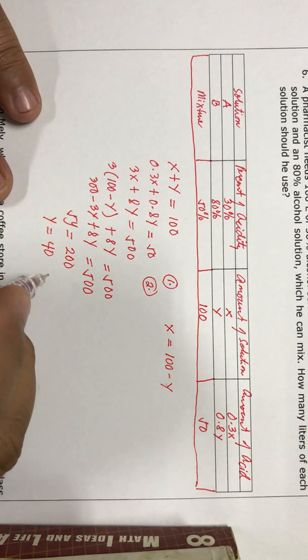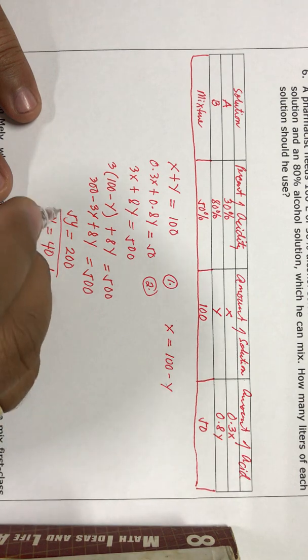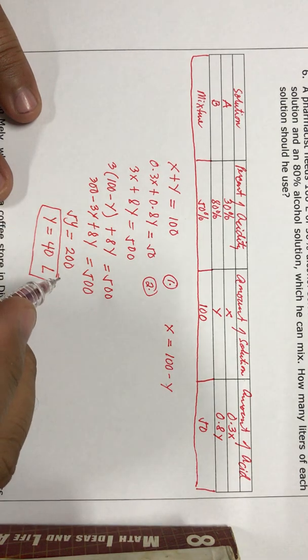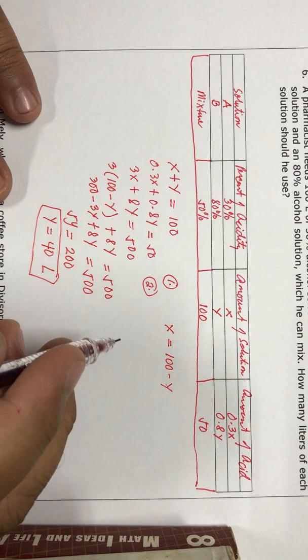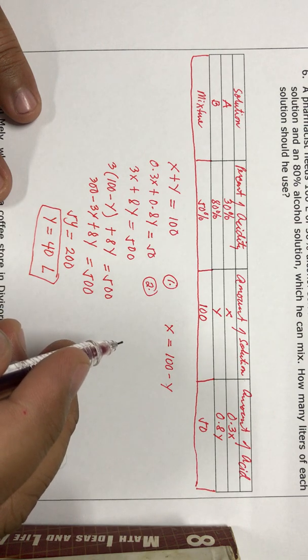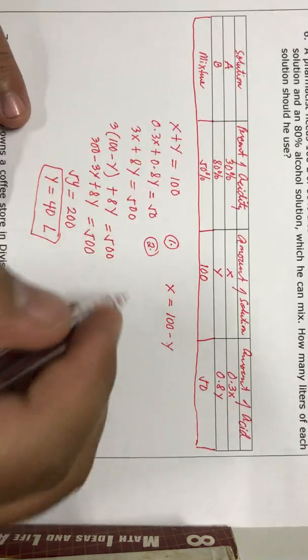40 what? 40 liters. What does this mean? It means that for you to come up with 100 liters of 50% alcohol solution, you need to have 40 liters of solution B, which is a solution of 80% acidity.